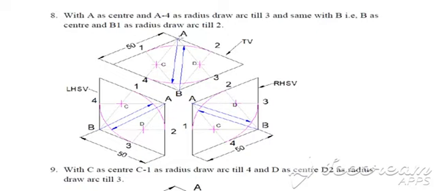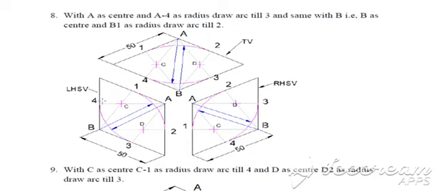Now, with A as a center and A4 as radius, that is the distance till the midpoint, draw an arc. Similarly, on the other side, B as a center, B2 as a radius, that is the distance of this point to the opposite midpoint as a radius, draw an arc.